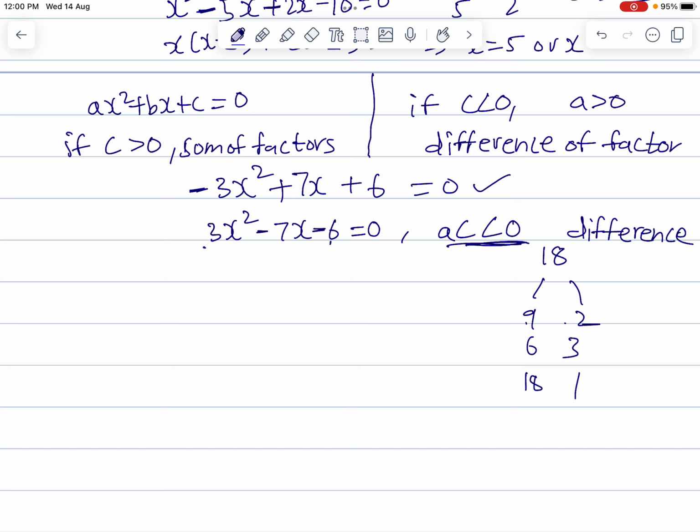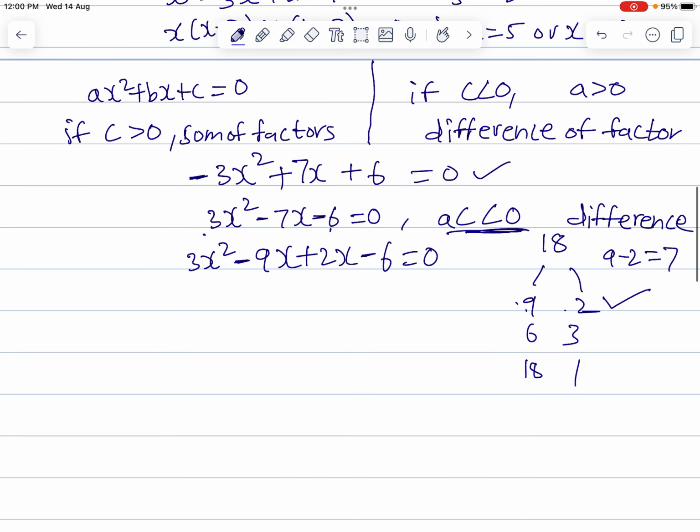So the difference is going to be 9 minus 2, which is 7. So therefore we should take these factors. Since there is a negative value, we should take bigger factor as negative and smaller factor as positive.